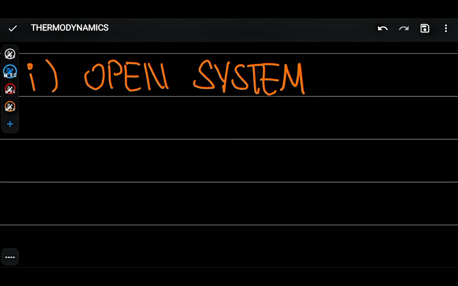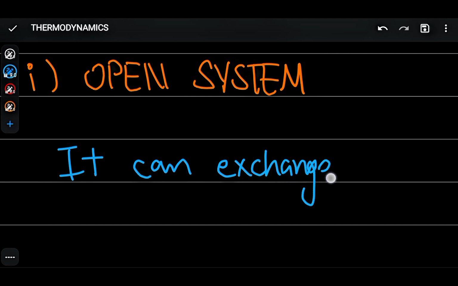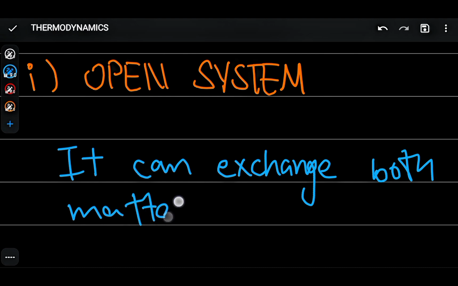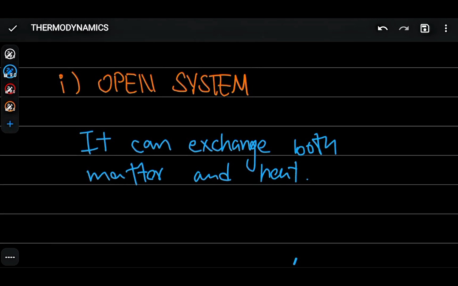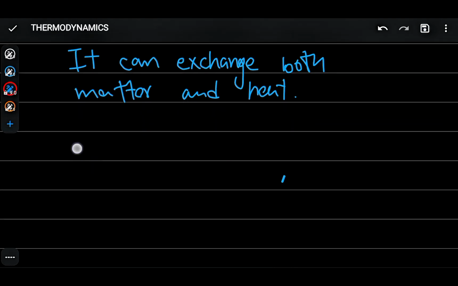It can exchange both matter and heat. Anything which can exchange both matter and heat. For example, a cup of tea.